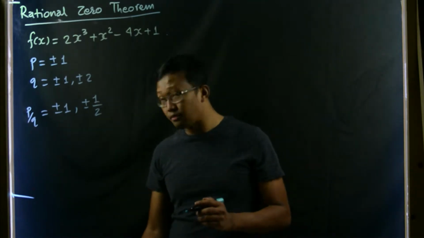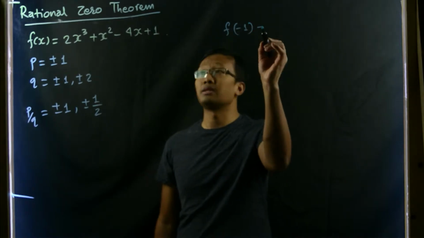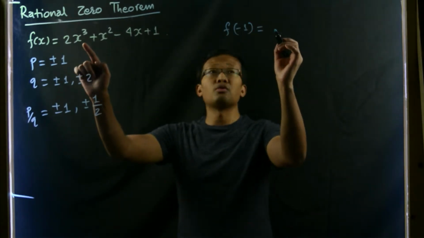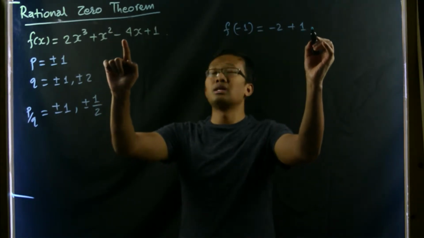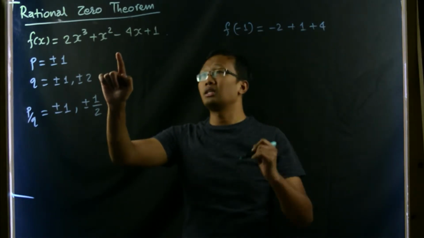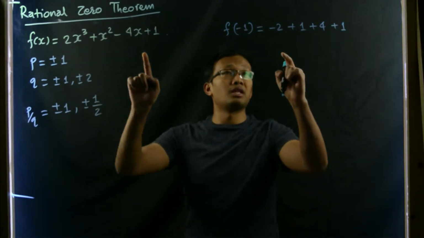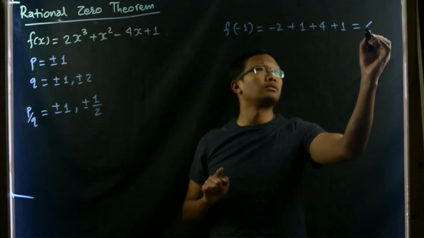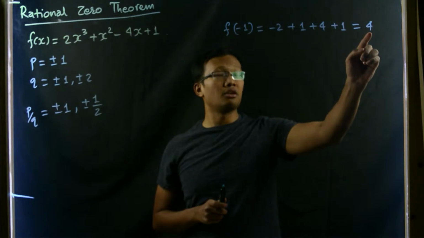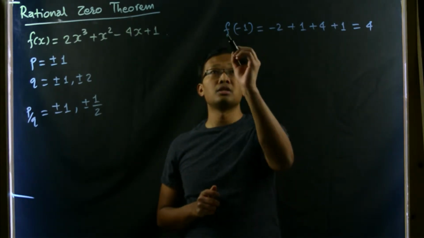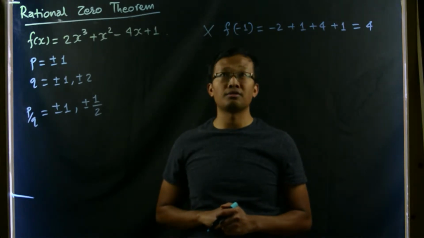So here let us start from f of negative 1. f of negative 1 would be simply 2 times negative 1 whole cubed, which is negative 2, plus negative 1 squared is plus 1, minus minus 4, since x is negative 1, that would make it plus 4. Since f of negative 1 gives us a non-zero number, this is not a zero. So x equals negative 1 is not a zero of this polynomial.